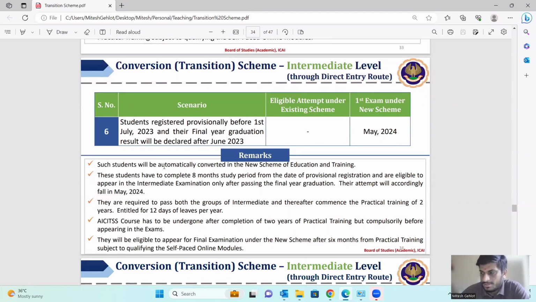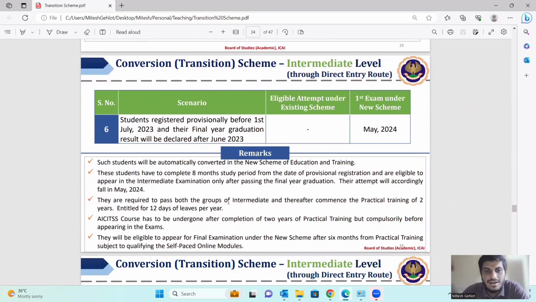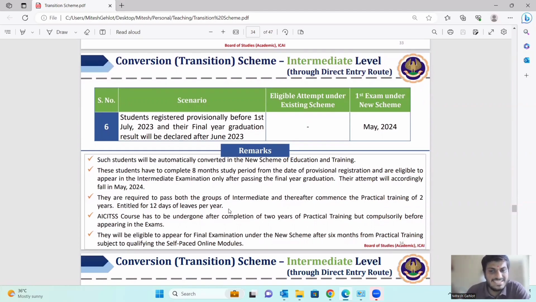They have to complete 8 months of study period from the date of provisional registration, and they will be eligible to appear in the intermediate exam only after passing the final year graduation. Their attempt will accordingly fall in May 24, which will be the first exam under the new scheme. Now, the same thing, you have to clear both the groups to commence the practical training, and the mandatory courses need to be completed. Then you have to qualify your self-paced online modules before you appear for your final examination.